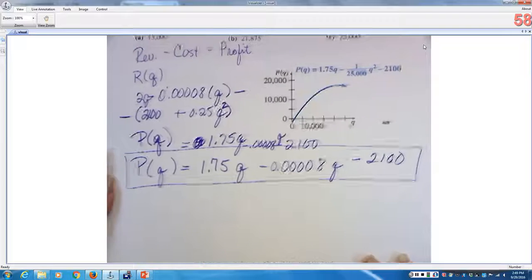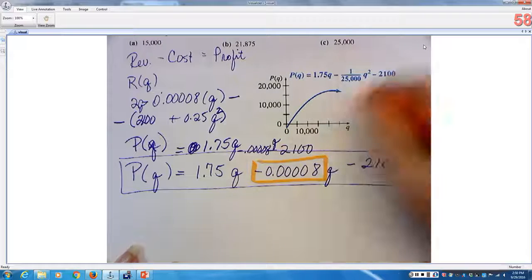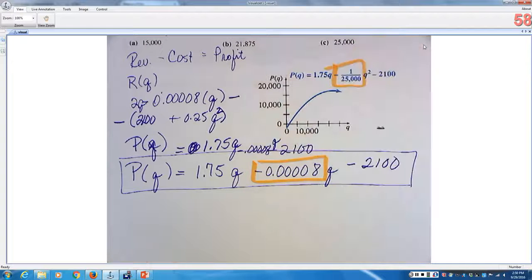So there's profit. Now the only difference in mine and theirs is that I didn't deal with the fraction. I kept this. But this and this are the same thing.